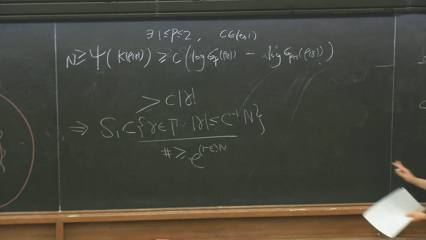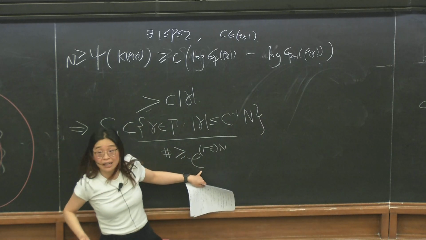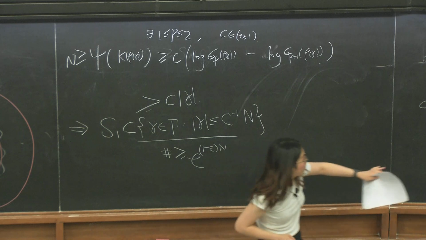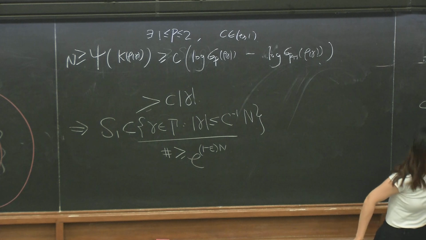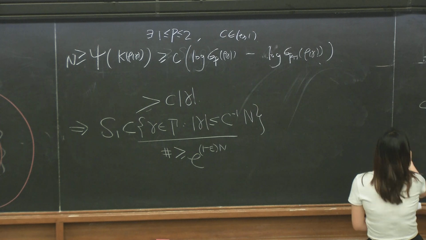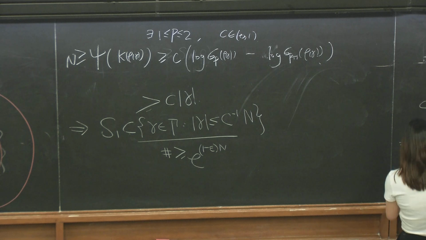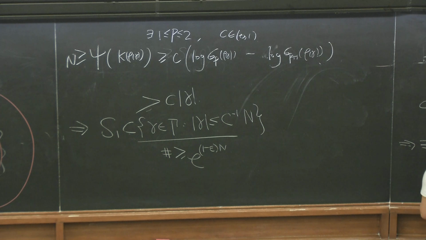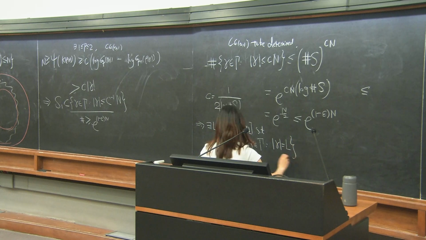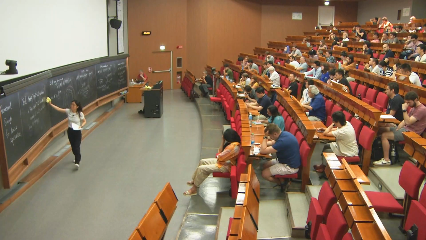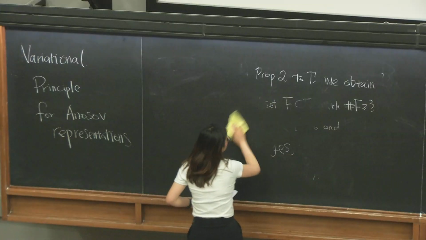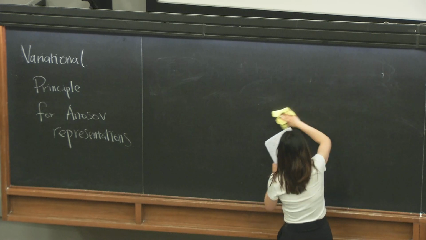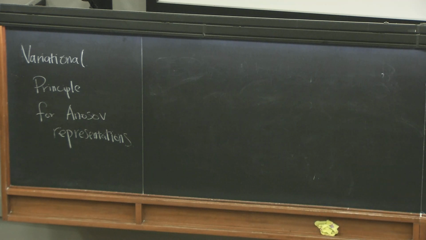And so now I can cut out an annulus, because the large ball has large cardinality, and the small ball has small cardinality, so I can find some L in between these two numbers, such that this S2 consists of the words of length L. Sorry, probably here I want not just epsilon but something a little bit more.